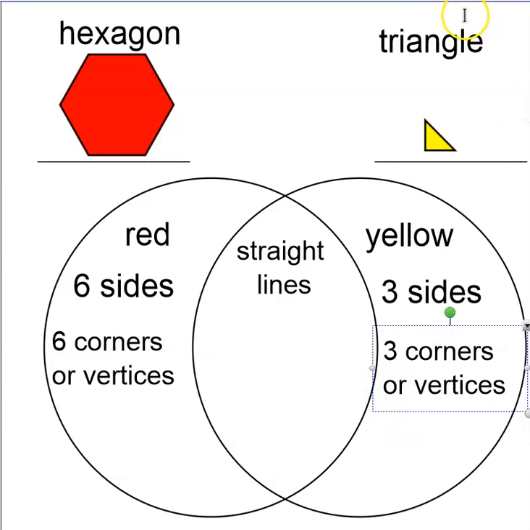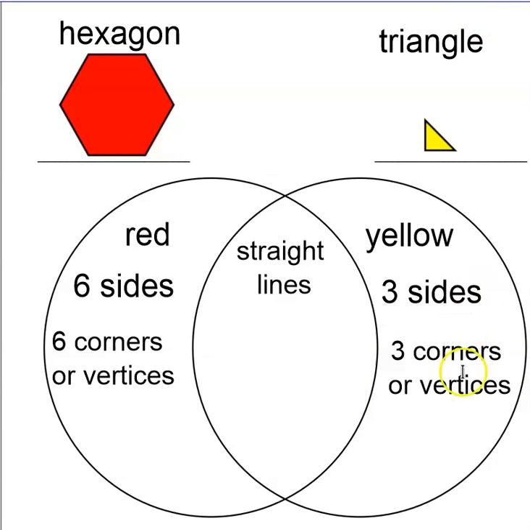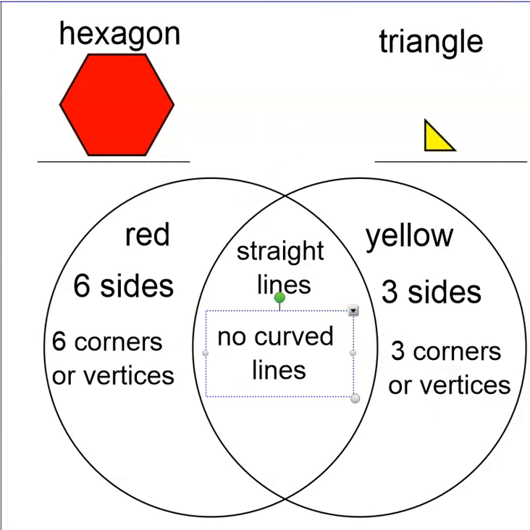And that is different than the hexagon, because we know the hexagon has 6 corners, or vertices, we can call them. Okay, I noticed that they also only have straight lines, so I can think about something they don't have. They don't have any curved lines, so no curved lines either. No curved lines, only straight lines.